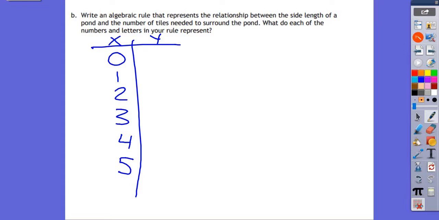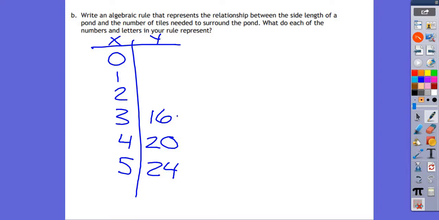Okay, some of these numbers we had on our last table. What numbers did we have on our last table? 3, 4, and 5. What did 3 give us? 16. 4 was 20, and 5 was 24. I need to investigate these to help me write an algebraic rule.